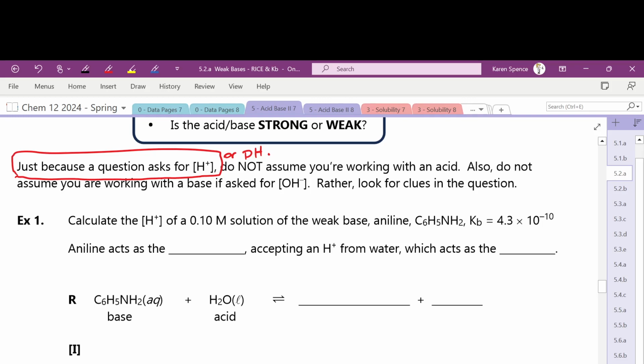Are you running base two times? Accepting an H from water, what will water act as?